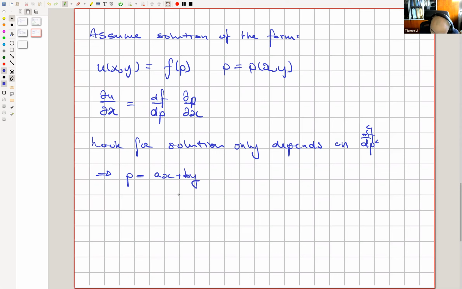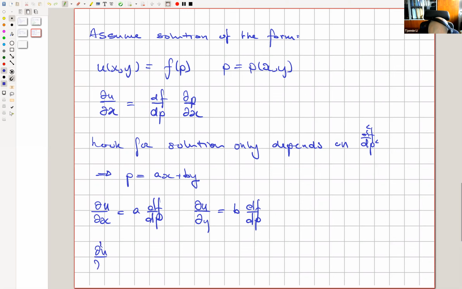And so by assuming p of this particular form, I can go ahead and solve it. I can write, for example, partial u partial x is just a df/dp, and then partial u partial y is just b df/dp. Okay, and I can take the second derivatives again.